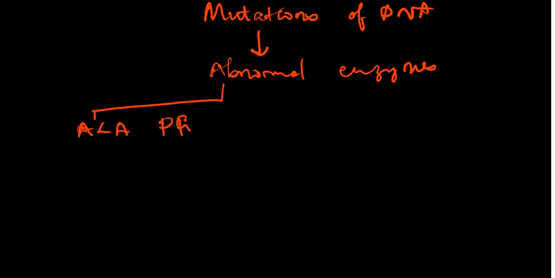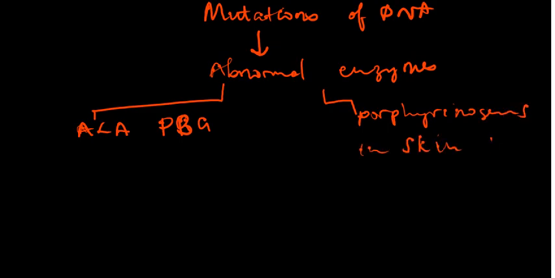You also have accumulation of the porphyrinogens in the skin. Porphyrinogens in the skin increase because of DNA mutation.